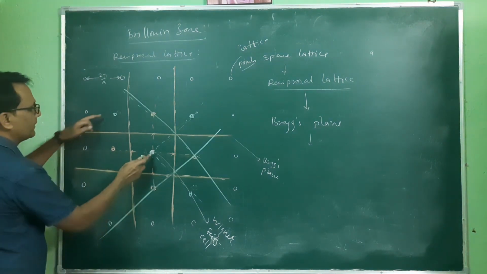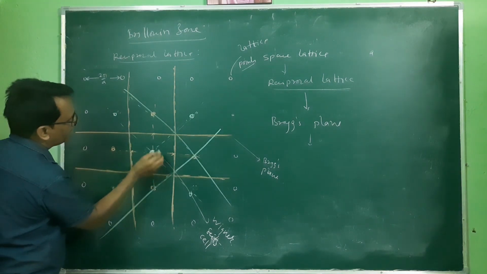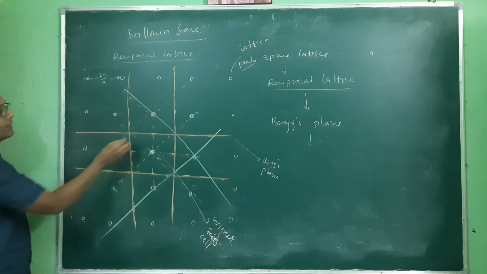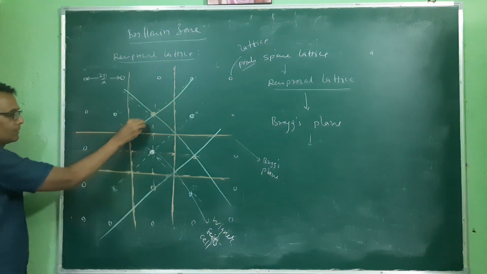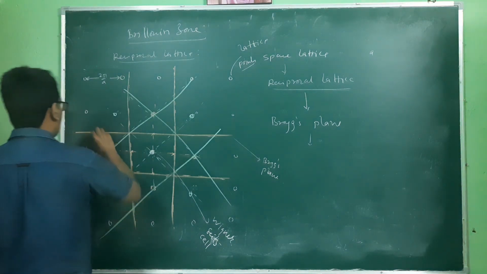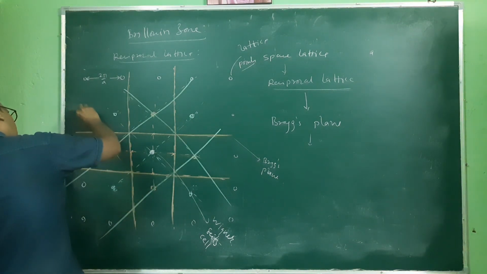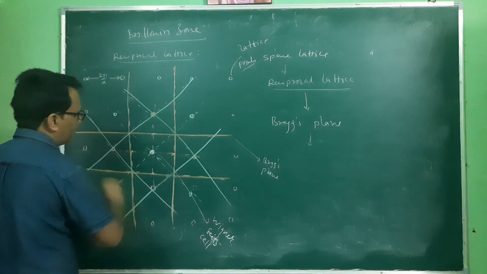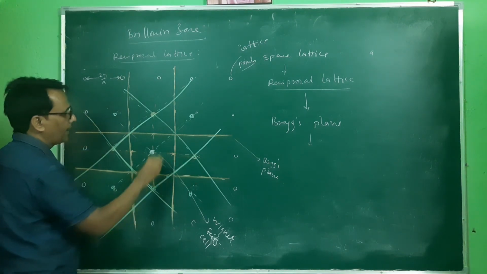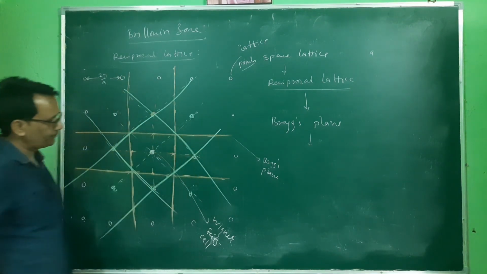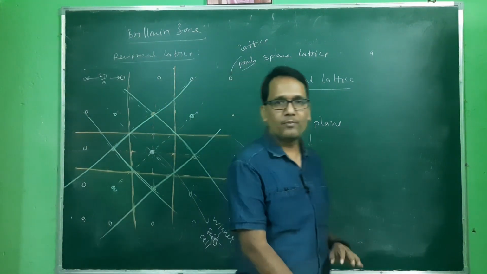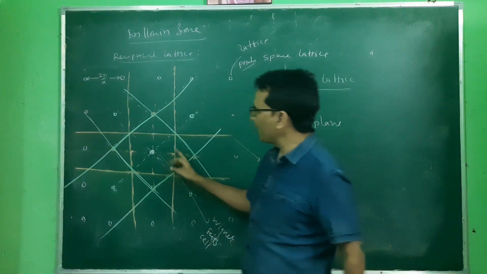And the third one is this third line, bisector lines, and this is one more. So the bisector line will be somewhere here. Now we have two sets of Bragg's planes.